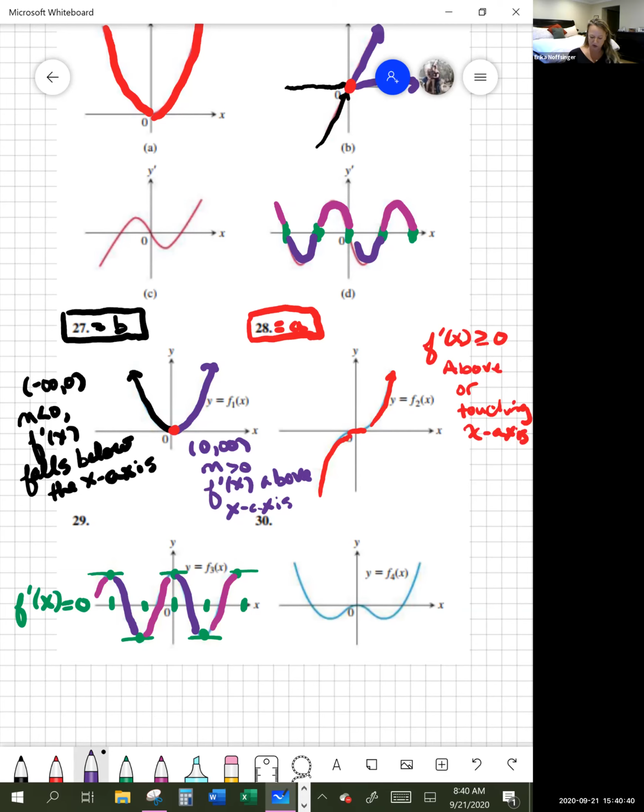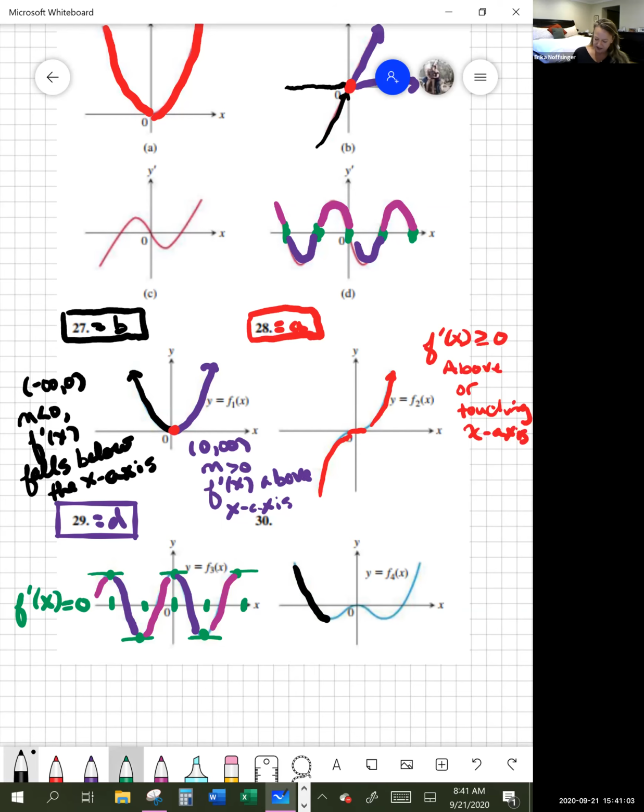And so this one is with graph D. And last but not least, let's just go and make sure and show why it works. So this is decreasing.